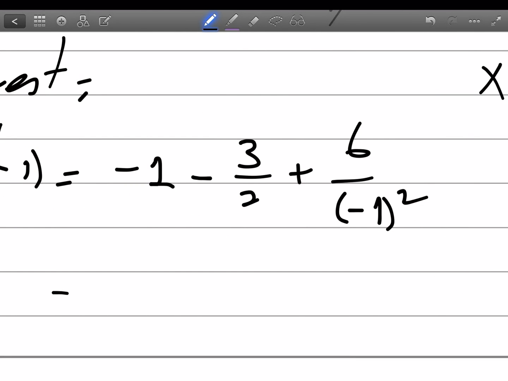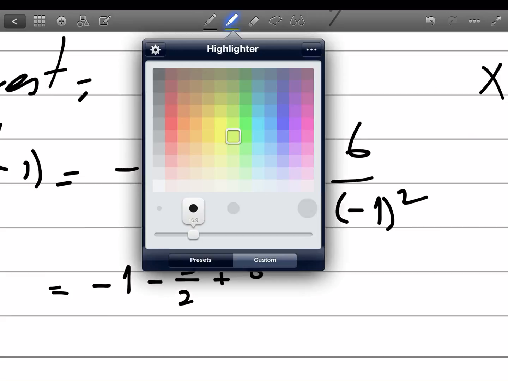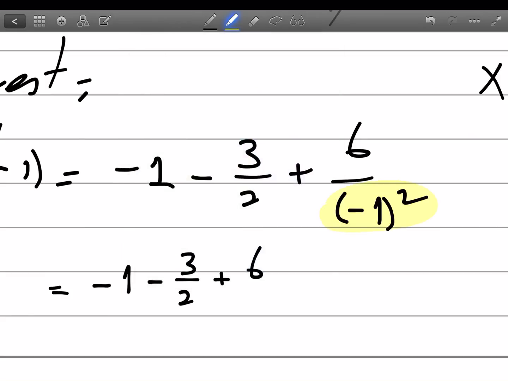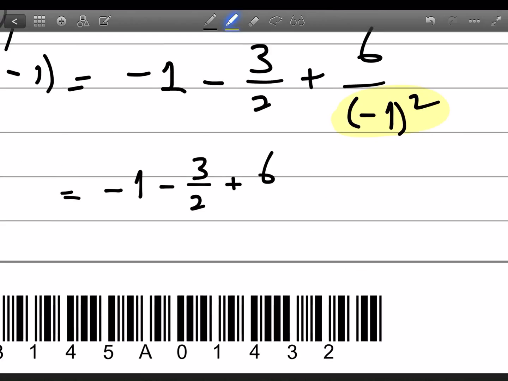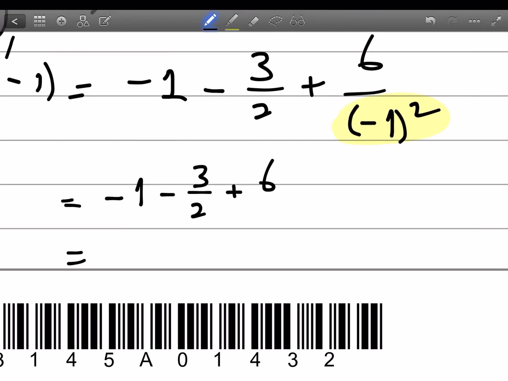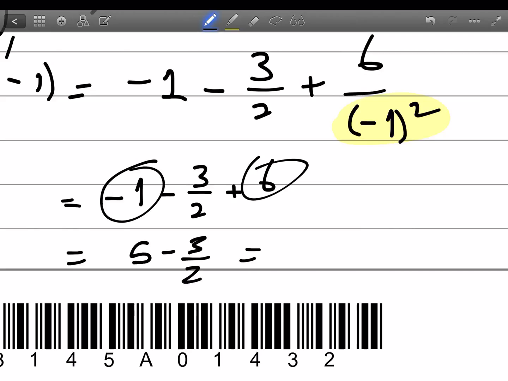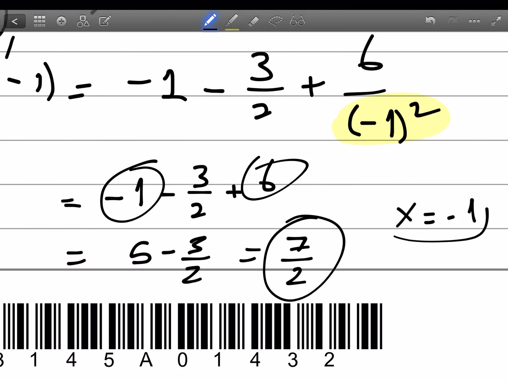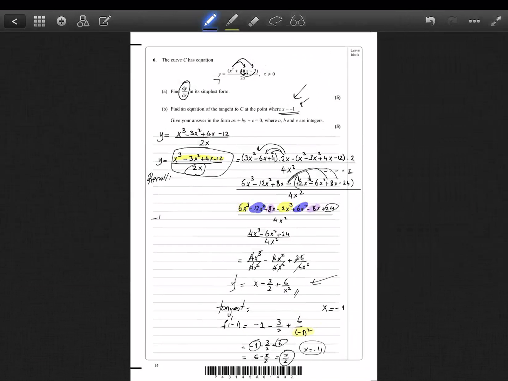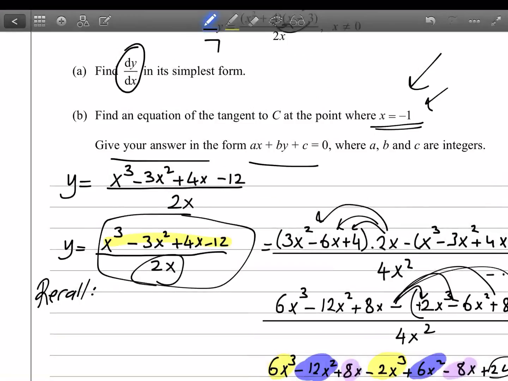That will give minus 1 minus 3 over 2 plus 6, because this will be positive 1. 6 over 1 is 6, so these are 5. 5 minus 3 over 2 is 7 over 2. That is the slope of the tangent at the point minus 1.